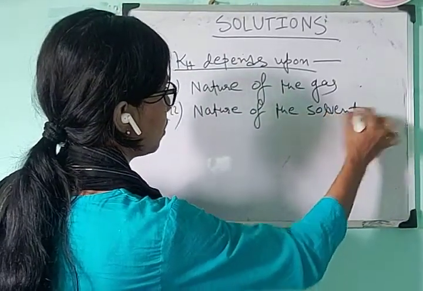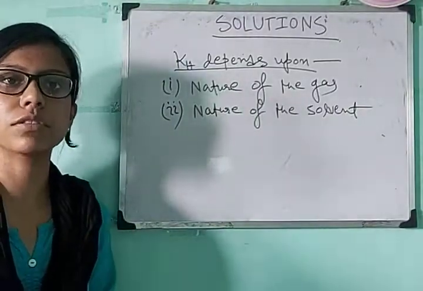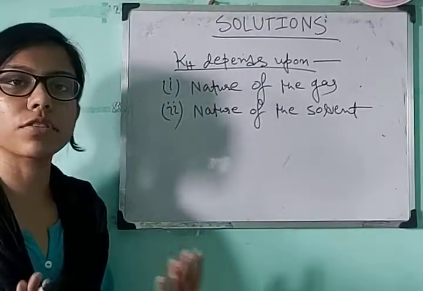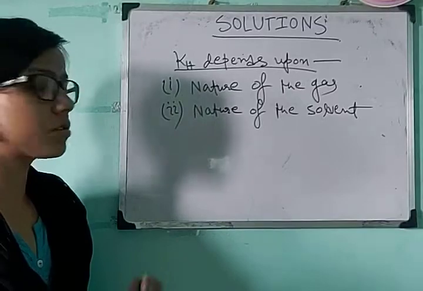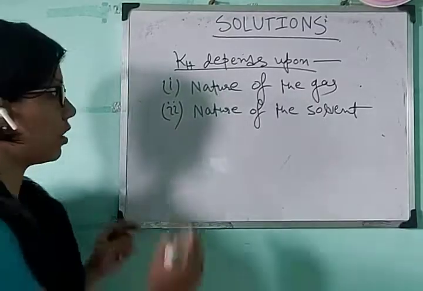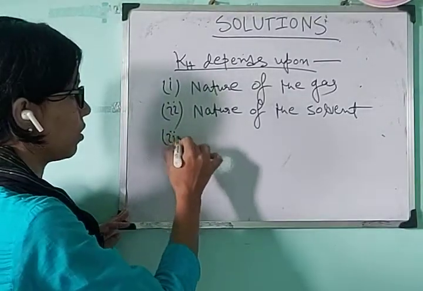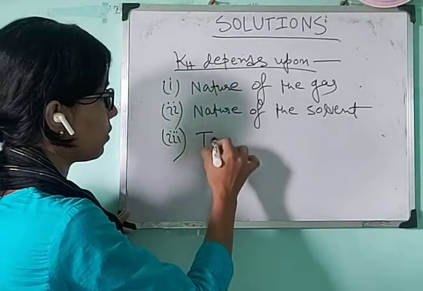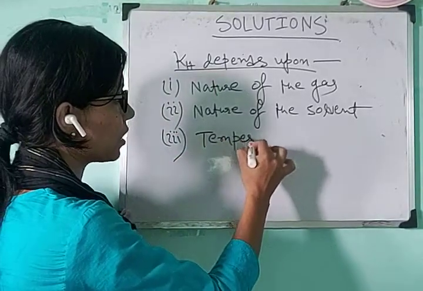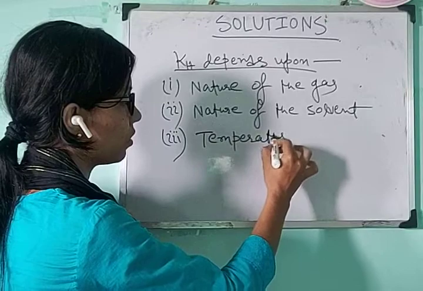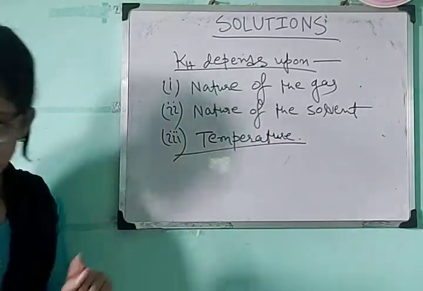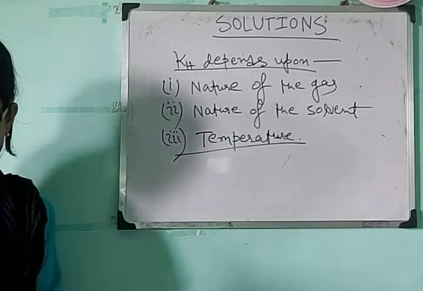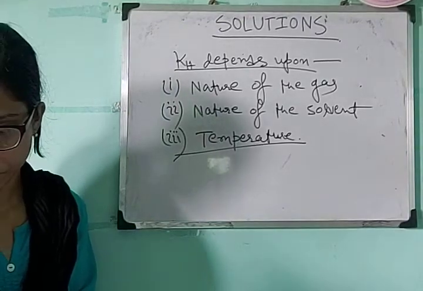And Henry's law constant also depends on temperature. As solubility depends on temperature, Henry's law constant will also depend on temperature. So the third factor is temperature. These are the factors that affect the Henry's law constant.